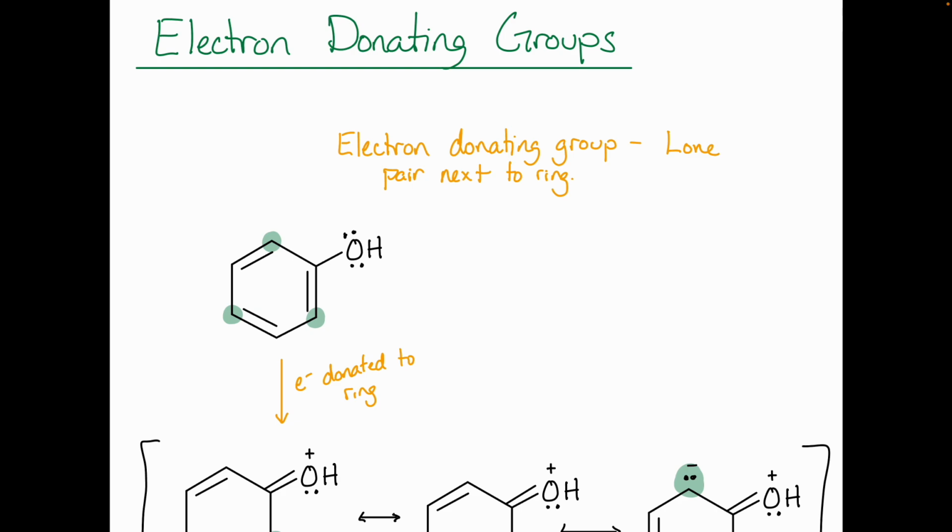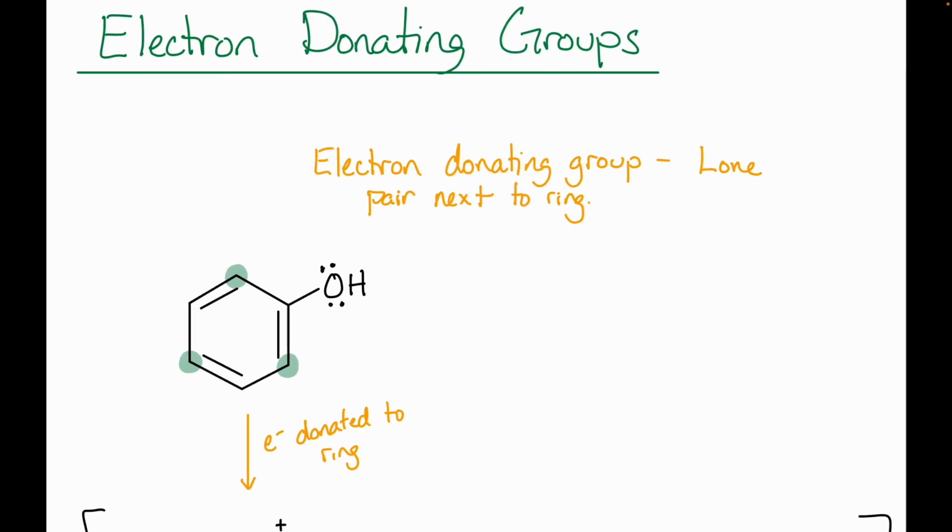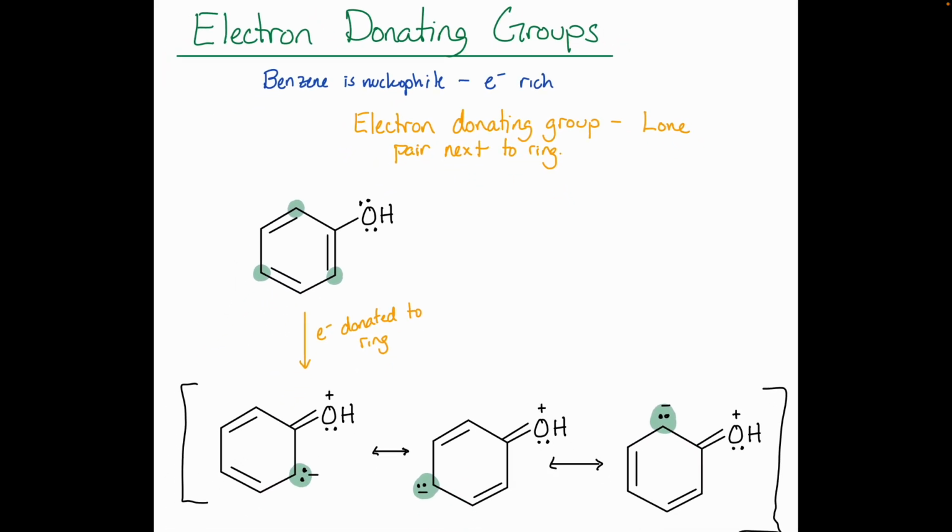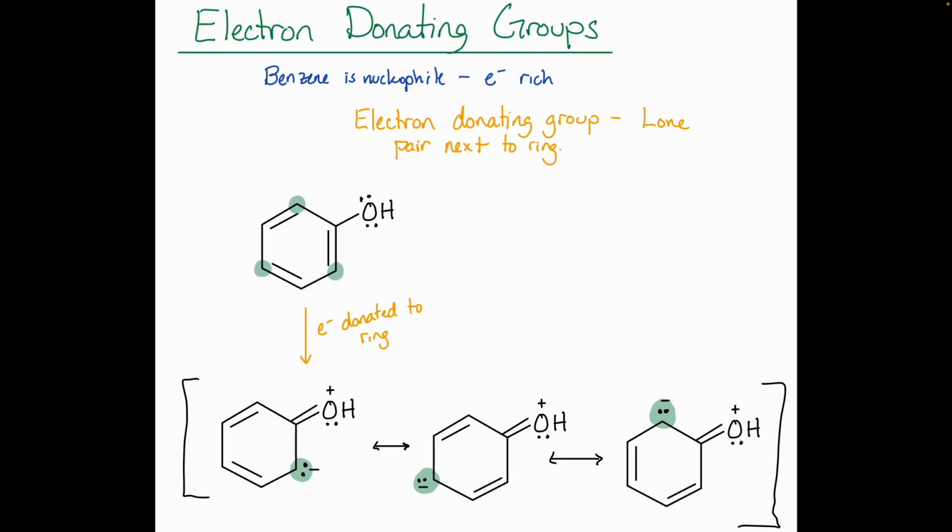And remember, in these reactions, benzene is our nucleophile, which means it's the electron-rich species in this reaction. So if I stick an electron donating group on there, I am making these positions even more electron-rich.